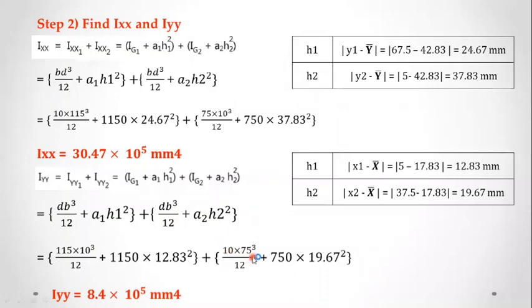So put these values and calculate it. You will get Iyy equal to 8.4 into 10 raised to 5 mm raised to 4. So we have found Ixx and Iyy.